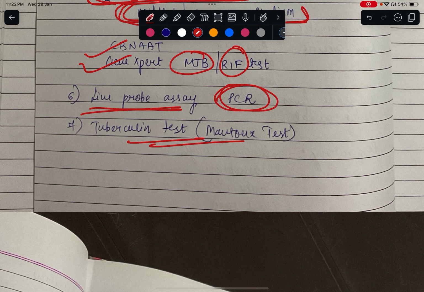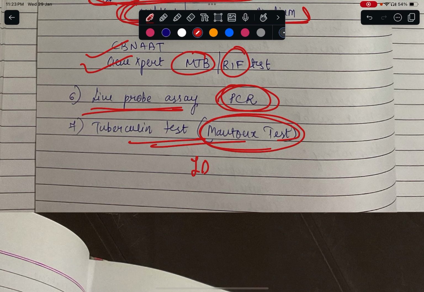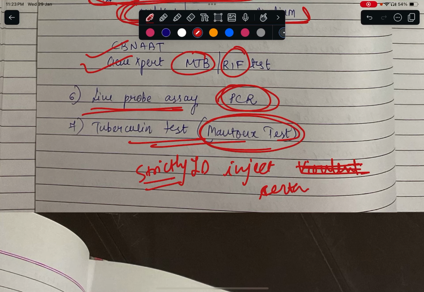If someone asks you what the Mantoux test is, you have to give an intradermal injection, strictly. You have to inject certain strains of the bacteria.